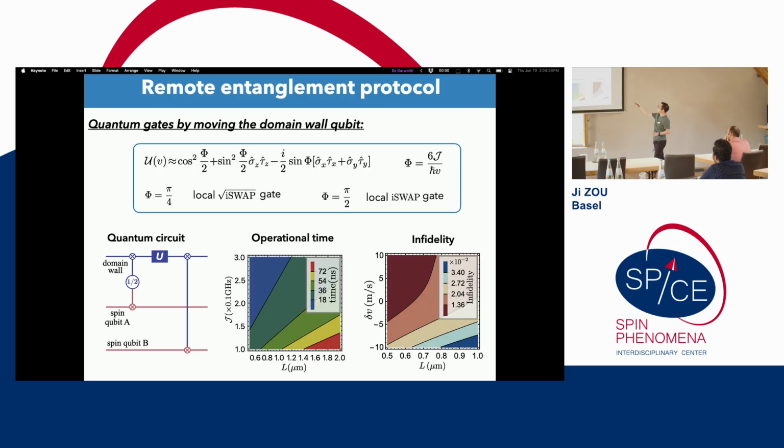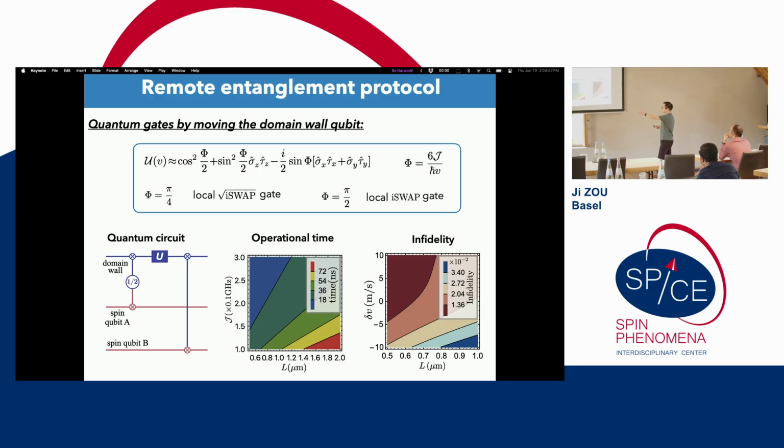We show it's possible basically by changing the velocity of these domain wall textures. By changing the velocity of the domain wall, you can change how long they talk to each other. Then you accumulate different phases. When you have different phases, you can get different gates. You can have an entangling gate, or you can have a swap gate.